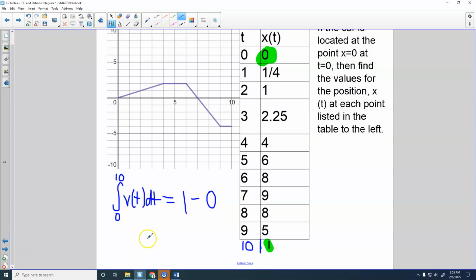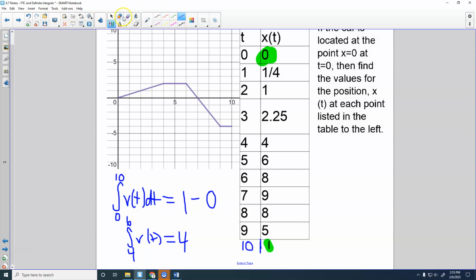Let's think about the integral. Let's do one that we didn't do. Let's do an easy one right here. What's the integral from 4 to 6 of v of t? That would be 4.